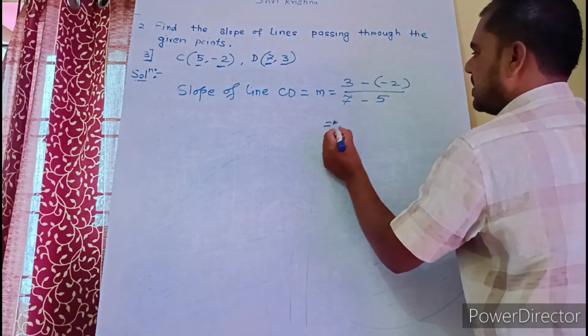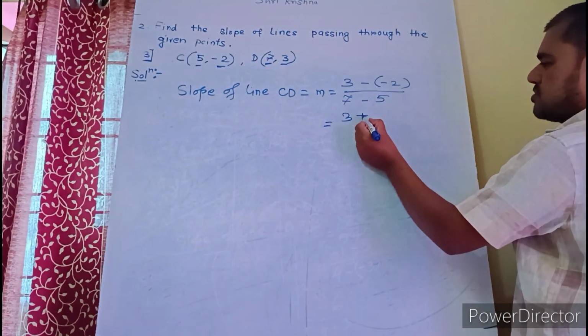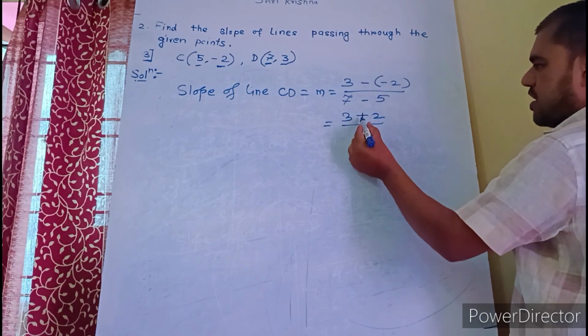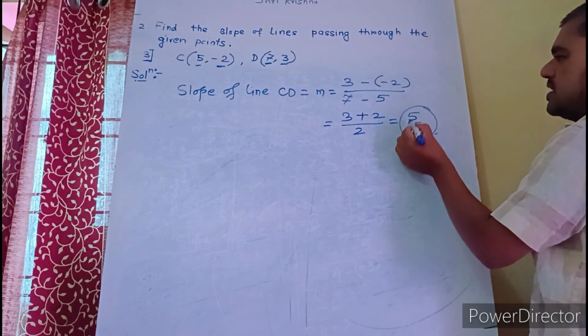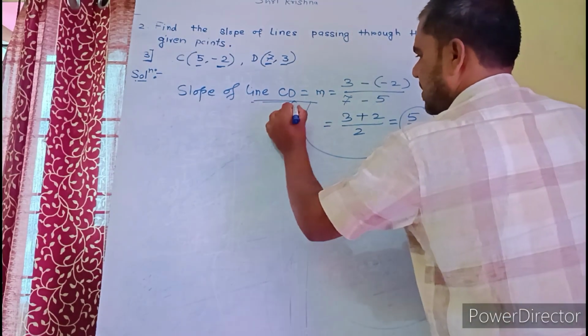Now on solving this we get (3 + 2) divided by (7 - 5), that is 2, which is nothing but 5/2. 5/2 is the slope of line CD.